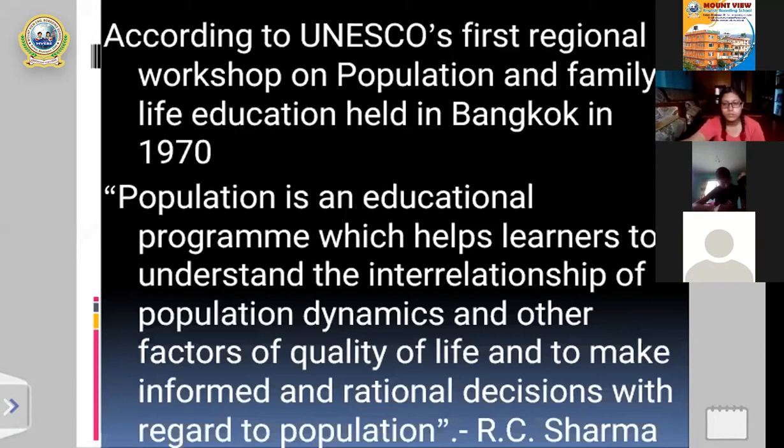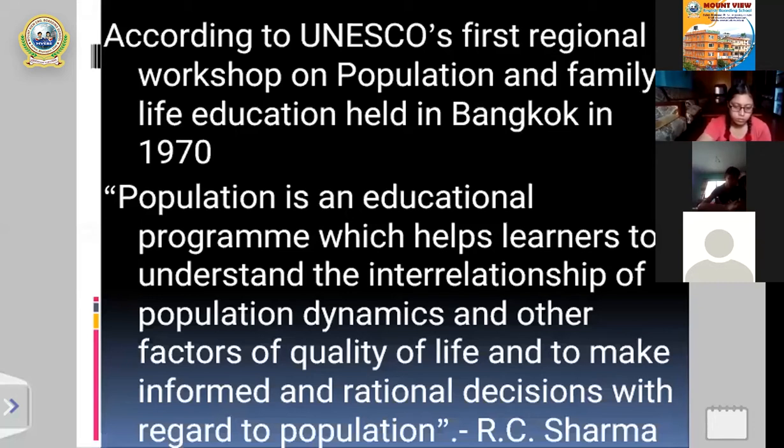The population might go up and down. So from population education, learners understand the interrelationship of population dynamics and different factors of quality of life, to be informed and to take a right decision to manage the population.